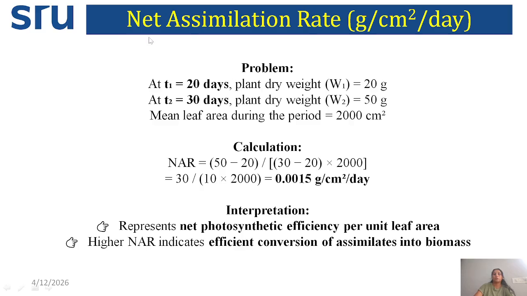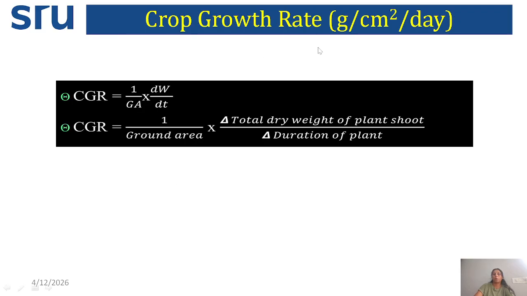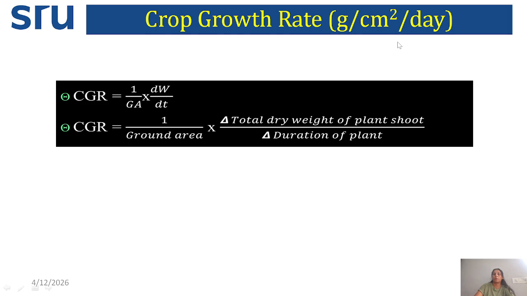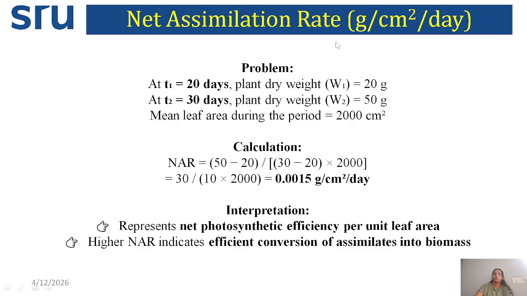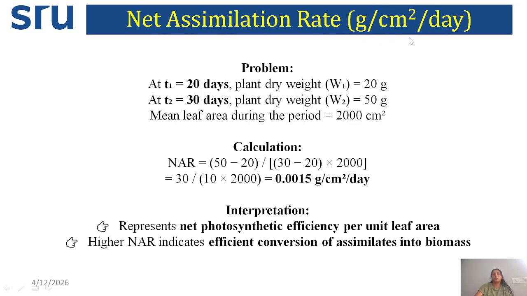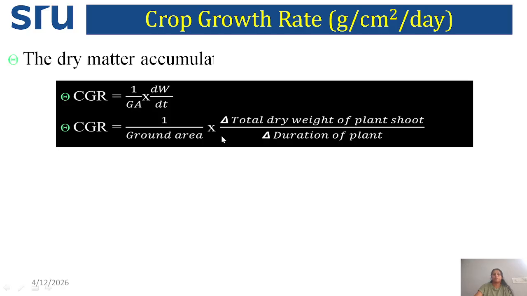One more thing: the net assimilation rate and crop growth rate units are the same, gram per centimeter square per day, but the centimeter square refers to ground area or spacing for crop growth rate, and it refers to leaf area in net assimilation rate. Don't get confused: same unit, but the centimeter square is different. Here it represents the ground area, there it represents the leaf area of the plant.